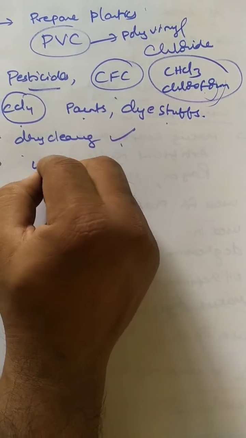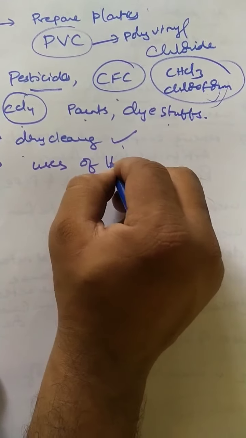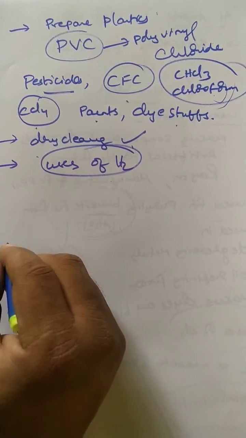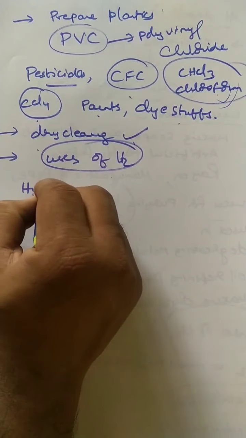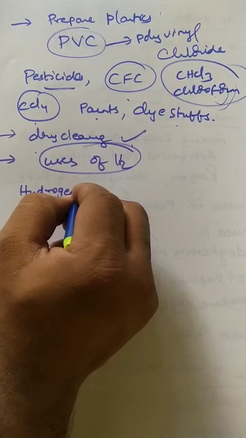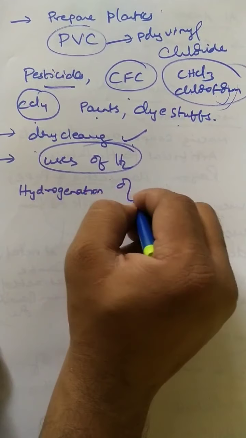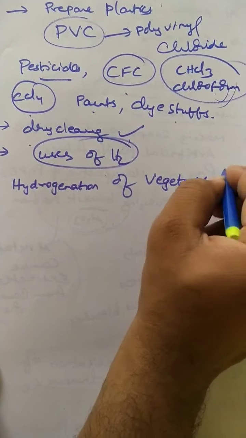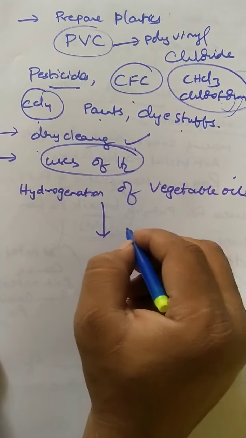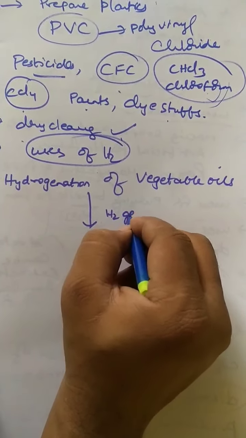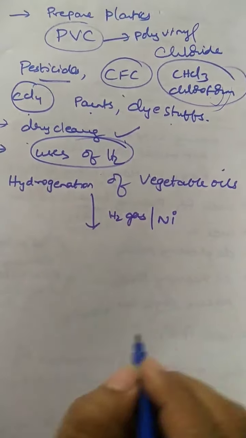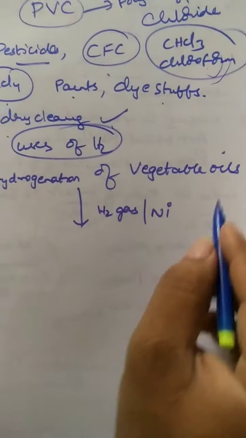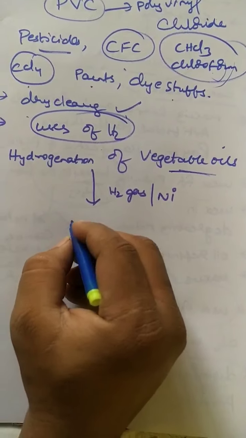In the same manner, we are discussing uses of hydrogen. What are the uses of hydrogen? Mainly the hydrogenation technique. Hydrogenation of vegetable oils. Generally we take crude vegetable oil and pass hydrogen gas in the presence of nickel catalyst. Hydrogen gas is passed through vegetable oil and it turns into solid fat.